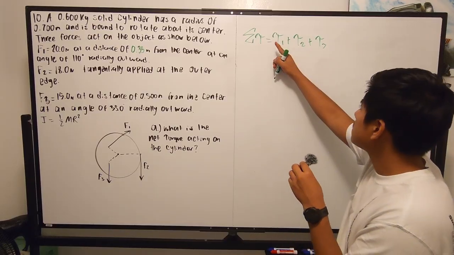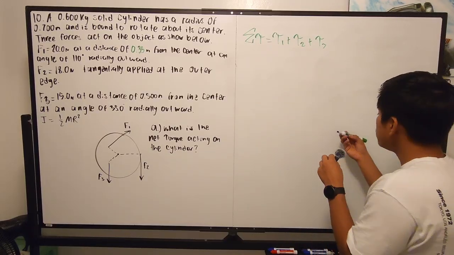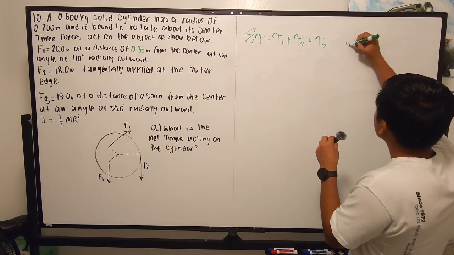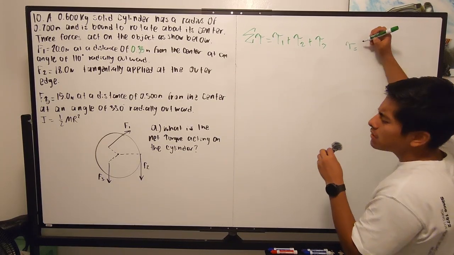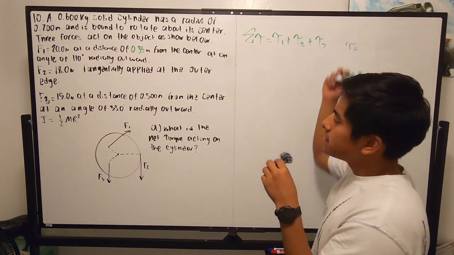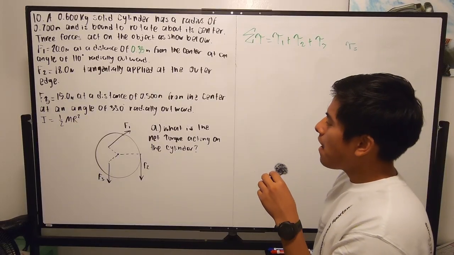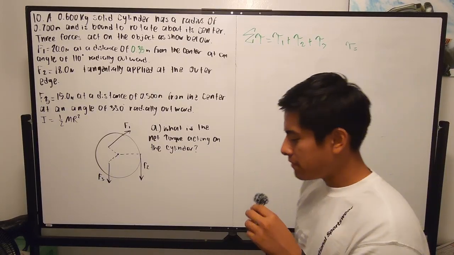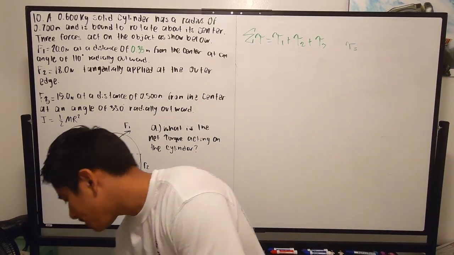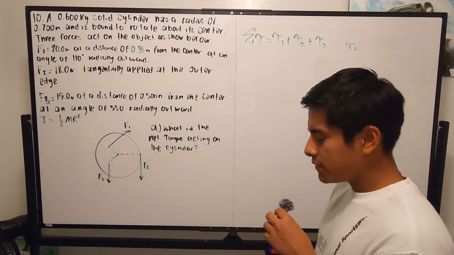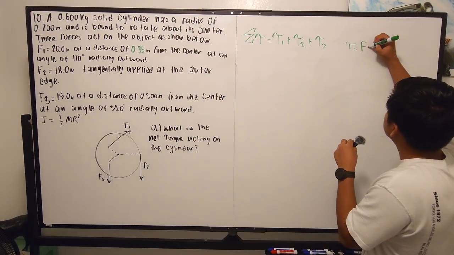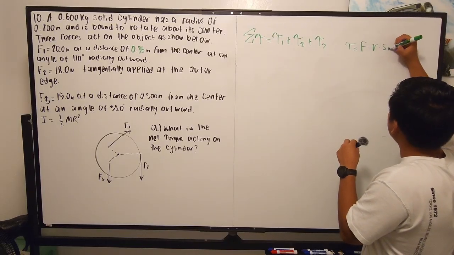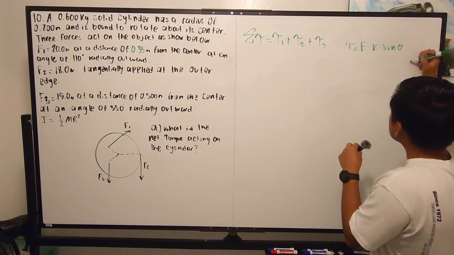Now I'm just going to go ahead and solve for torque 1, torque 2, and torque 3. Torque is given by force times radius times the sine of that angle, or F times R times sine of theta.